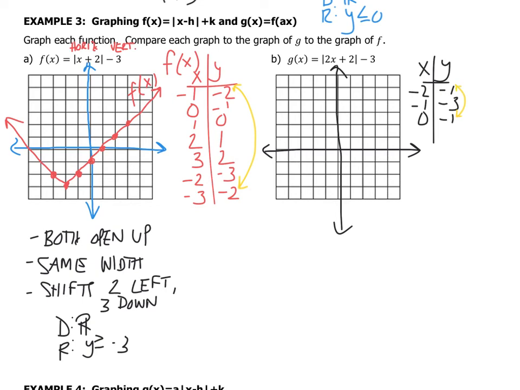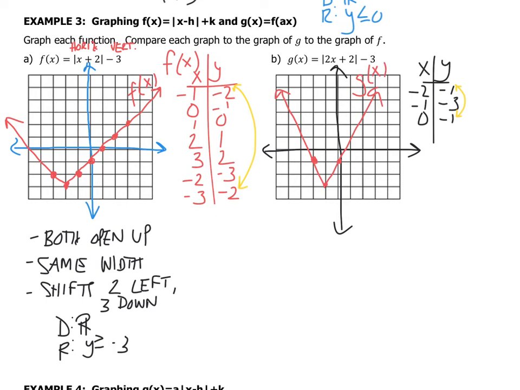Okay, so all I have to do is just plot those few points. And I'm going to see my graph looking like g of x is that.